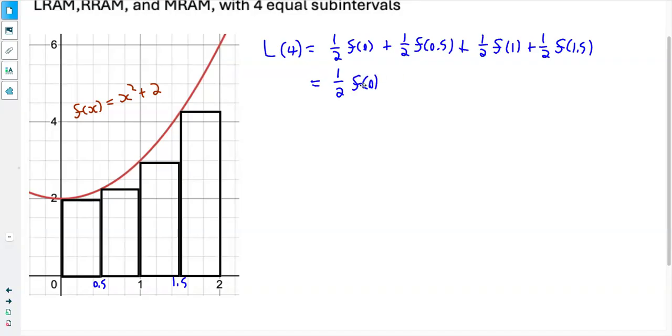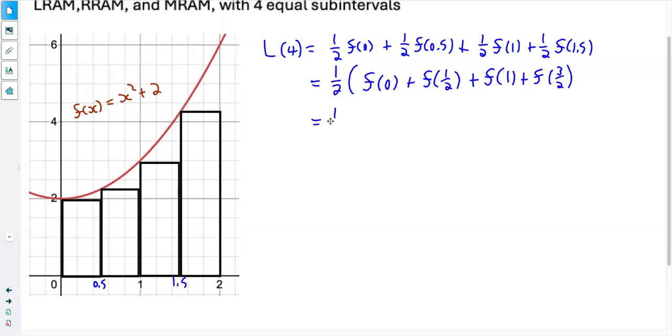So I have 1/2 times f at 0 plus f at 1/2 plus f at 1 plus f at 3/2. And now we'll fill in what these are.